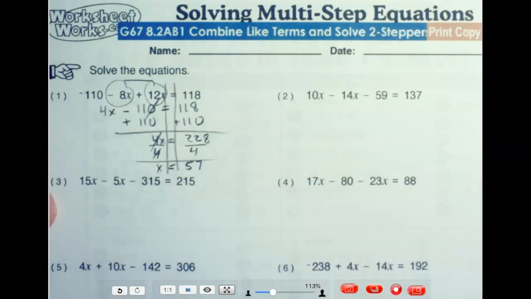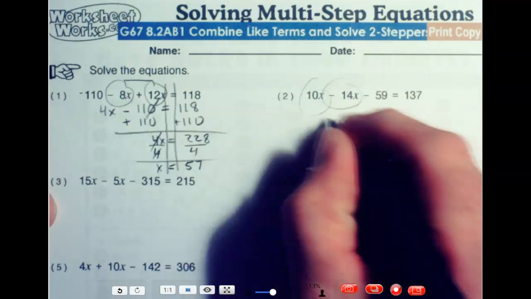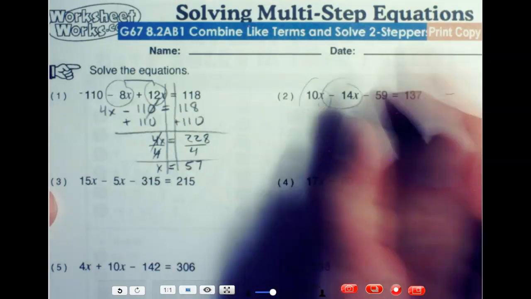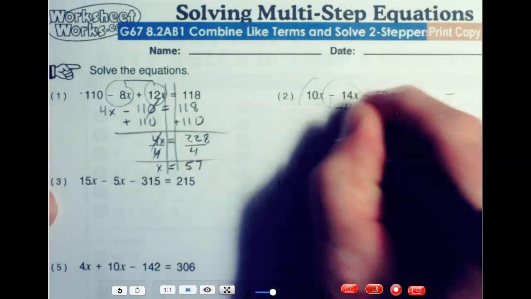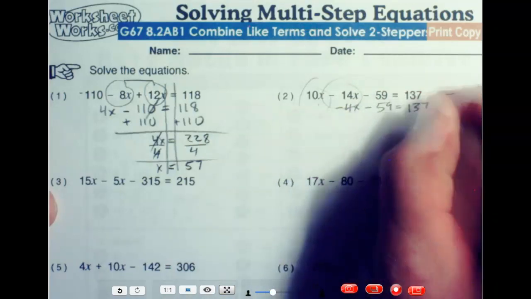All right, this next one over here, I'm going to combine my x's. It looks like these are different signs, so the difference is a negative 4x. Negative 4x minus 59 equals 137.